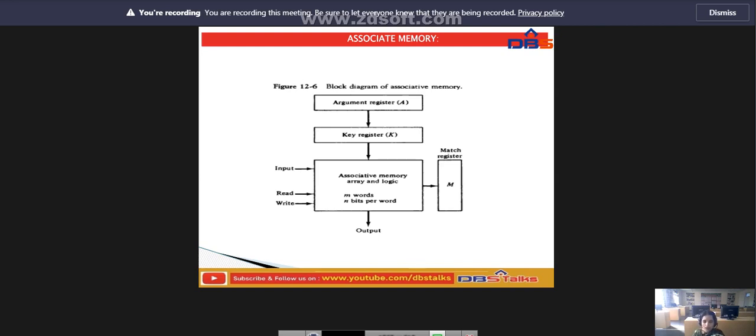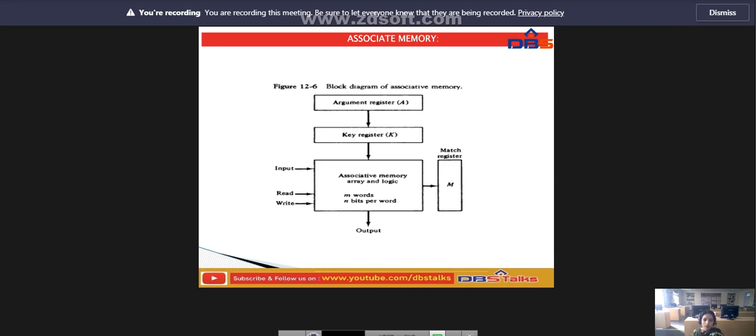Next, we have the argument register A and key register K, each having n bits, one for each bit of a word. The match register M has m bits, one for each memory word.